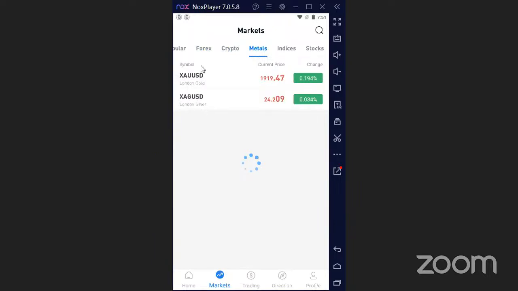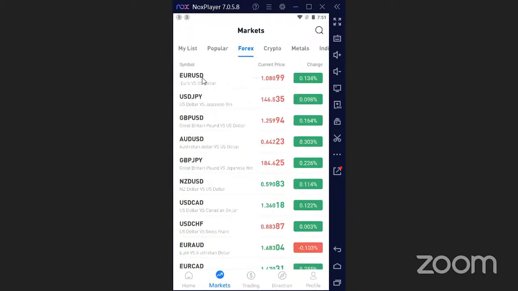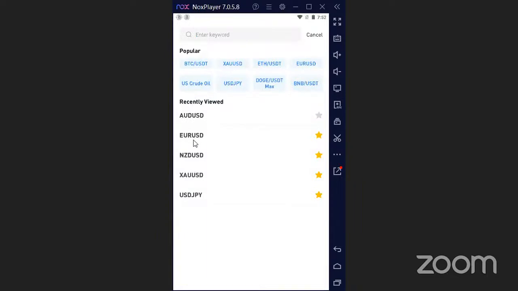The signal can be any of these assets, be it XAU USD, Euro USD, USD JPY, GBP USD. Don't worry, the signal is going to carry the name of the asset we are going to be trading. The one I showed you just now is XAU USD.